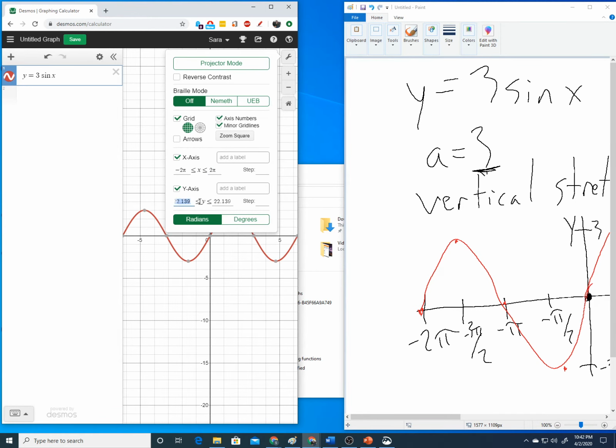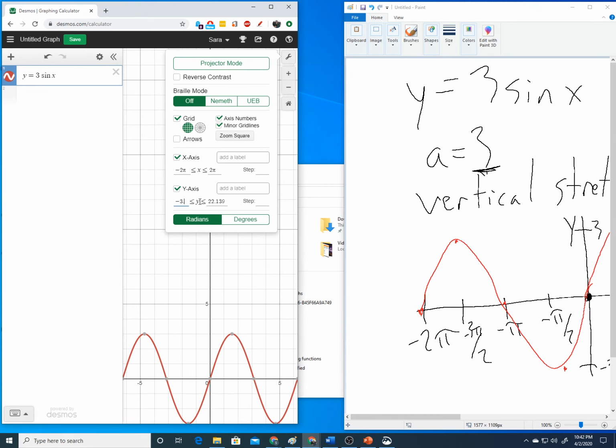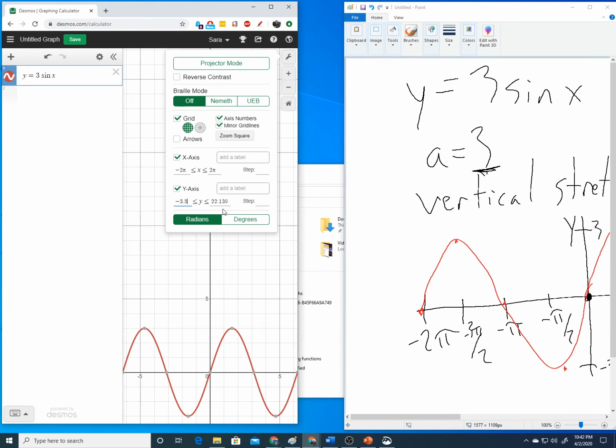And my y's, I need it to go at least to 3. I like to go a little bit higher.